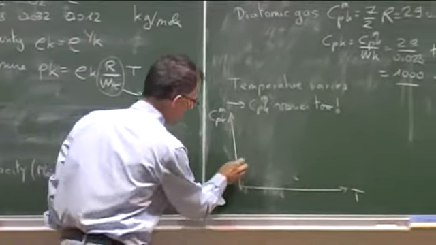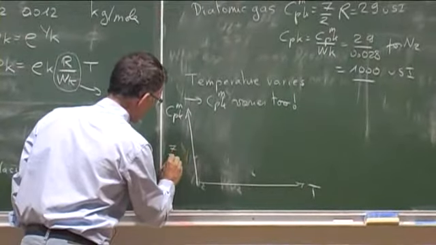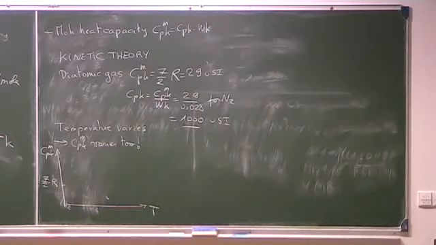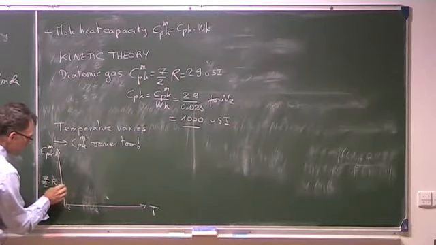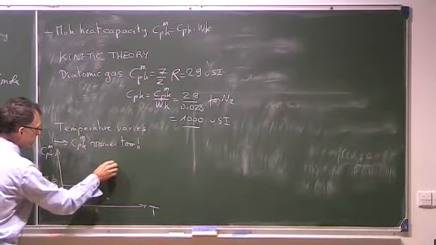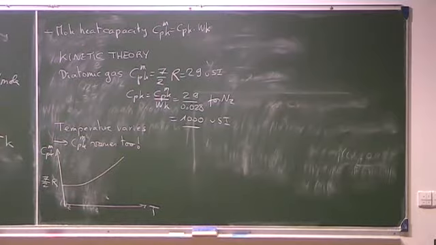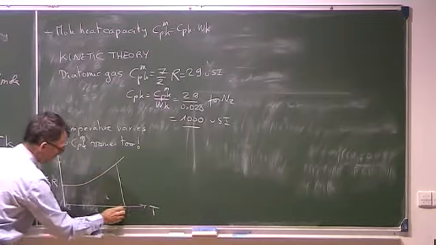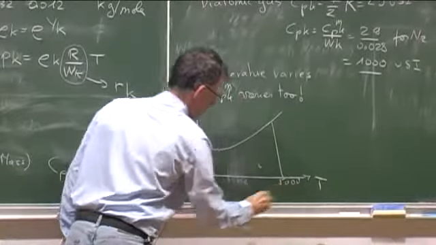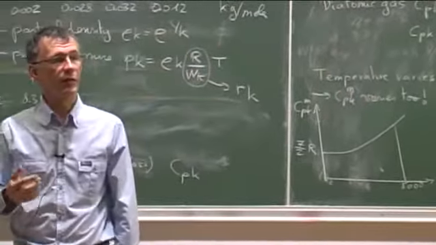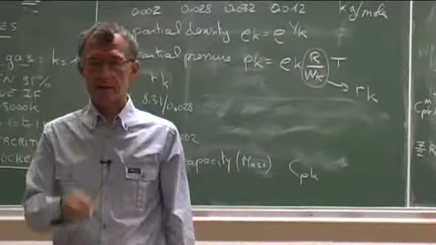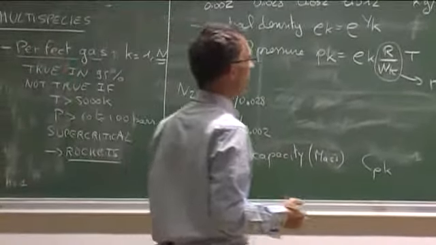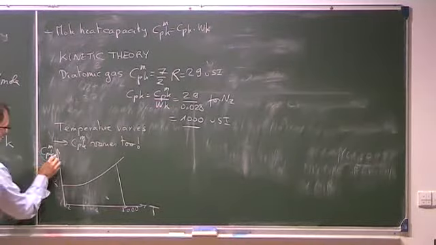So typically here, you get 7/2 of R and the CPK evolves like this. So it starts there and it goes up. And the change between this point and the value you can have here, for example, at 5000 K, is large. It's typically 50%. And in the tables I gave you this morning, or in all textbooks, you have tables which give you the CPKs as function of temperature.